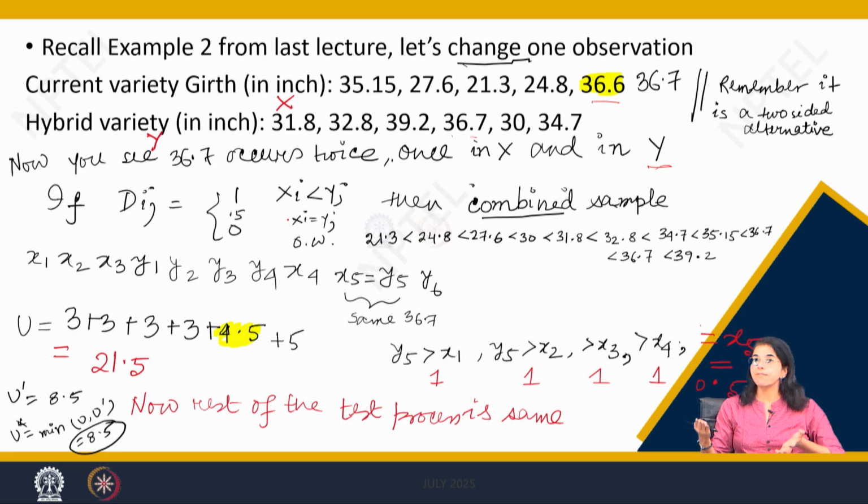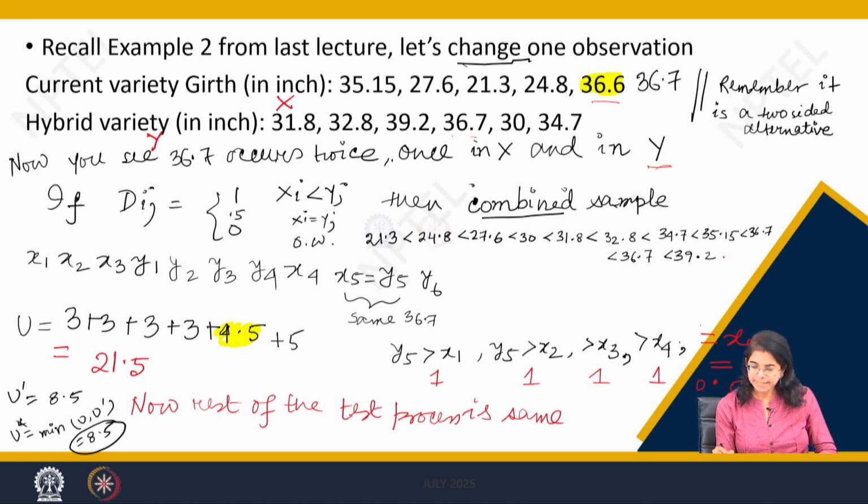It may be Ux or it may be Uy, right? Now, form the combined sample. In the combined sample, I have just arranged all the observations in increasing order.